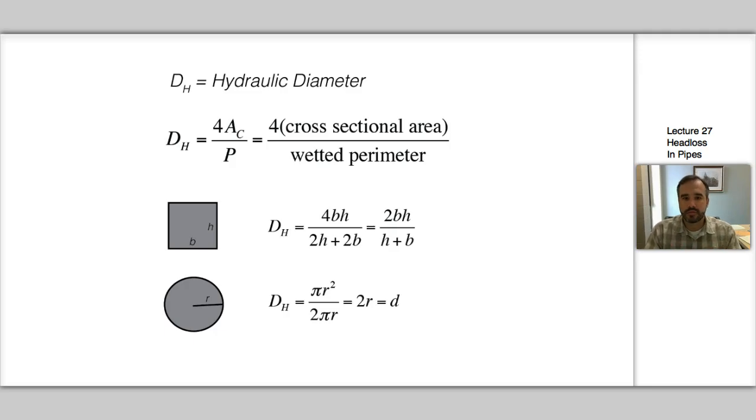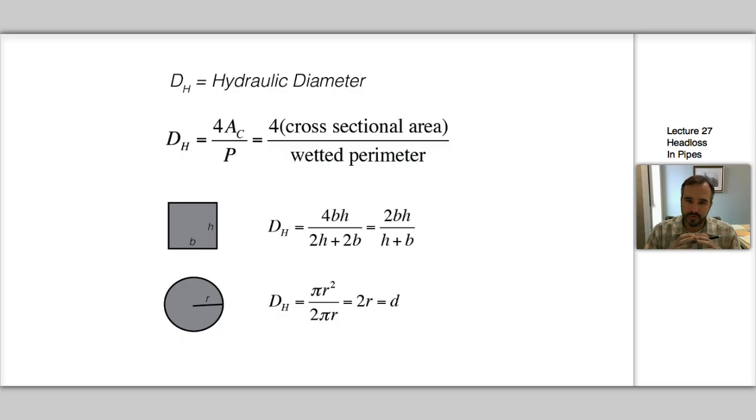And it's tabulated for a lot of different shapes in your book. And just to show you a couple of examples here, for a square pipe, it's equal to 4 times B times H, because the area of that is B times H of that square or rectangle, over 2H plus 2B. That's just the perimeter. You add up all the length of all the sides. And you can simplify that accordingly.